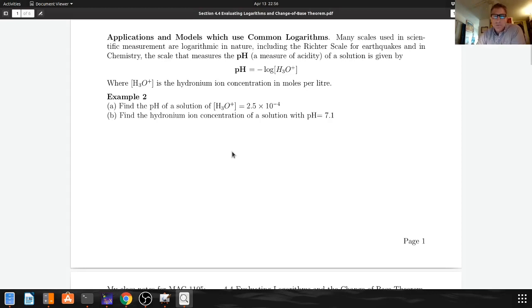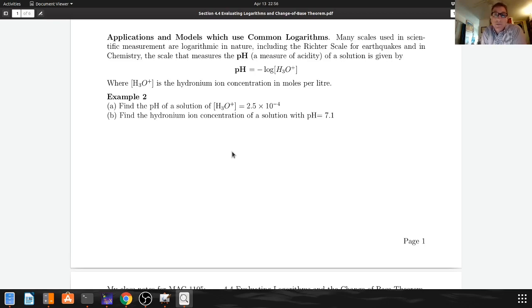our problem. The reason I went off on that little tangent is there's an awful lot of things in science that we measure logarithmically because they either increase or decrease exponentially or logarithmically.